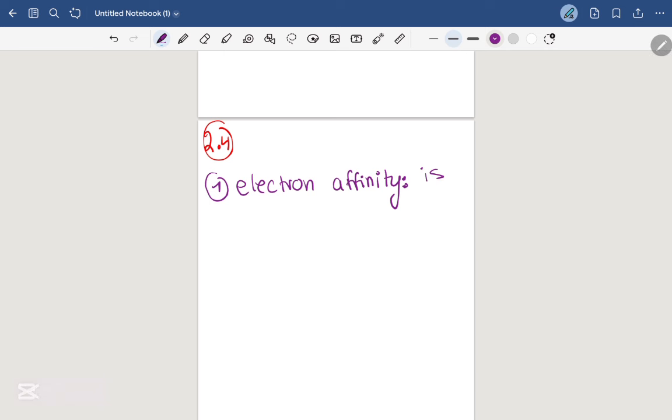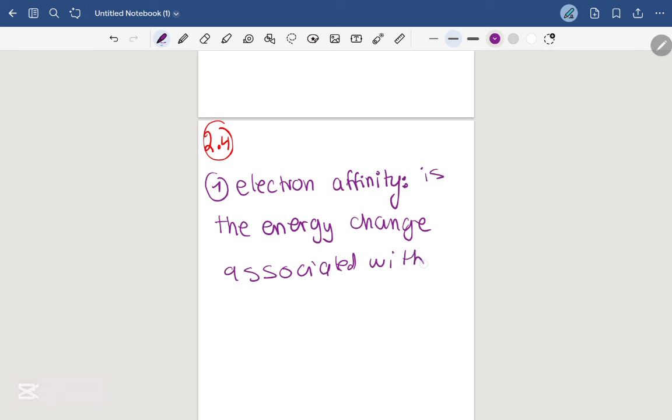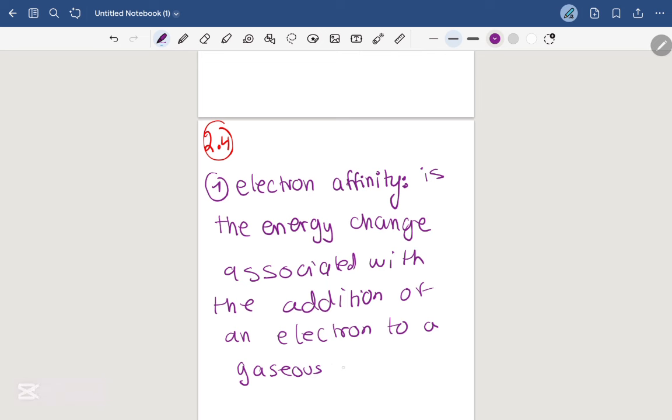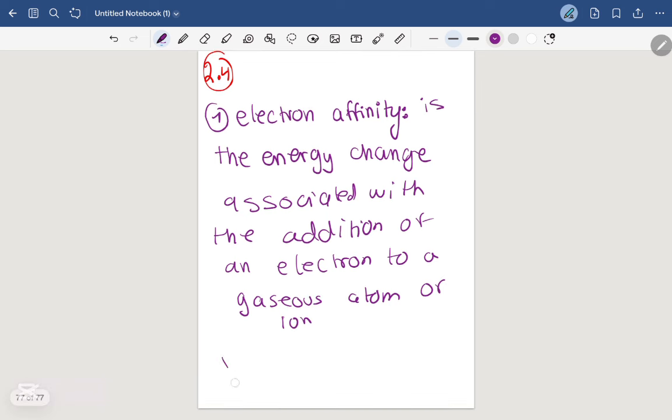Electron affinity is the energy change associated with the addition, not the removal, the addition of an electron to a gaseous atom or ion. A general equation for that would be gaseous element X, in addition to an electron, will give us X minus gas.